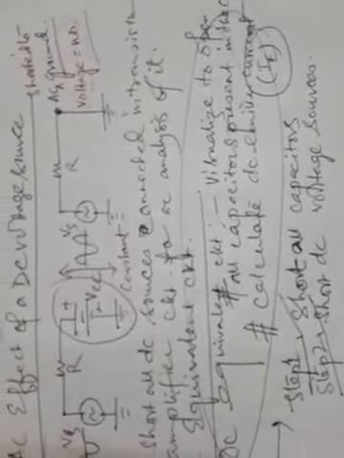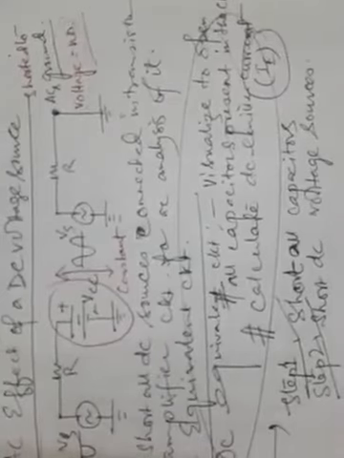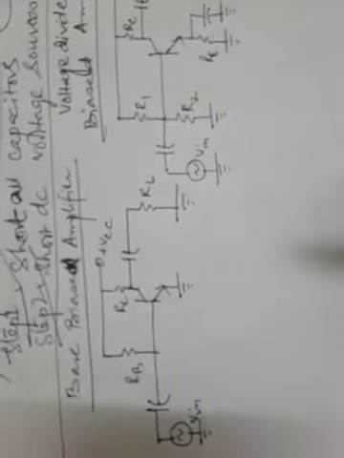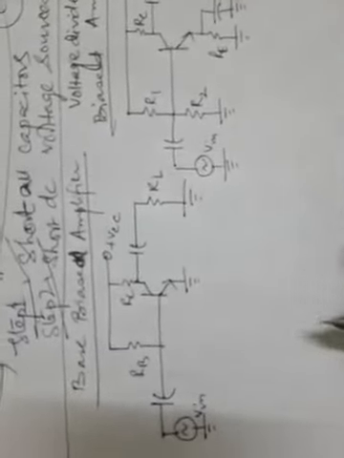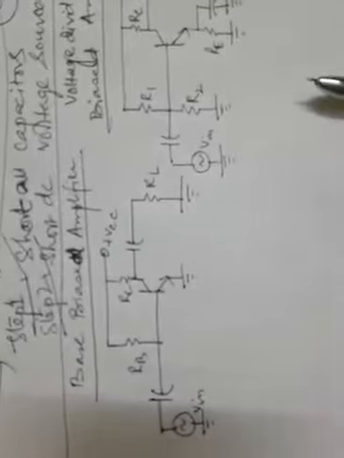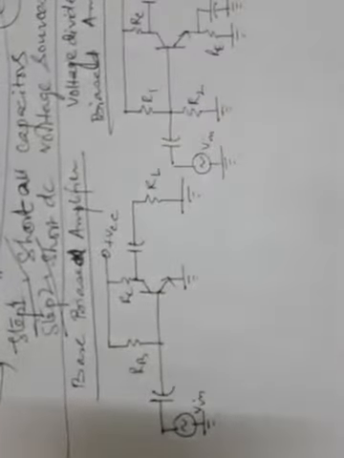Now let us focus our discussion on how to get the AC equivalent circuit for different types of transistor amplifiers, considering a base biased amplifier and a voltage divider bias amplifier as examples.